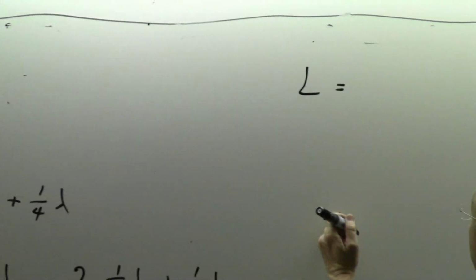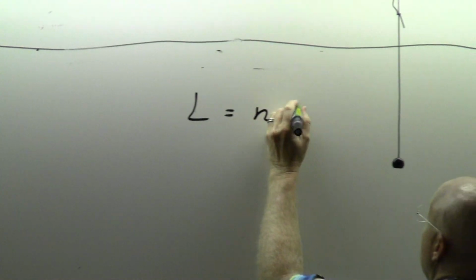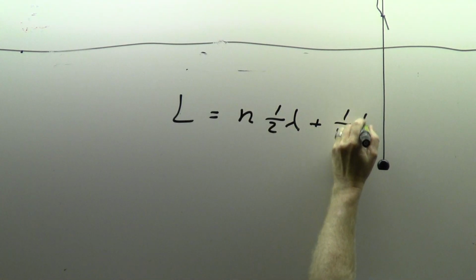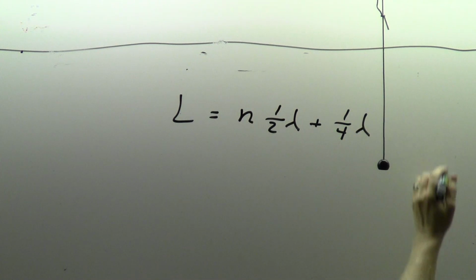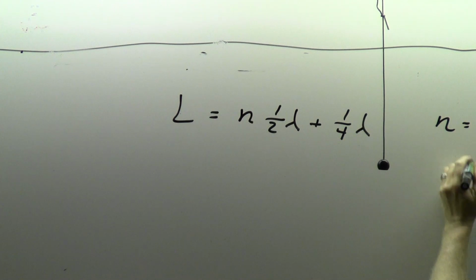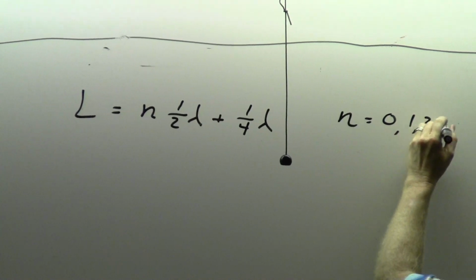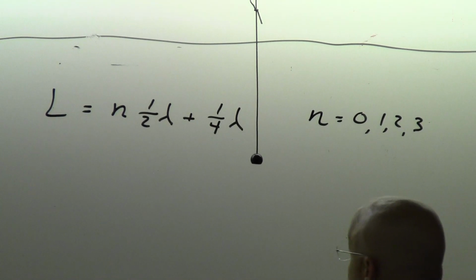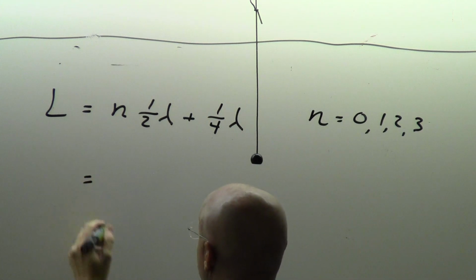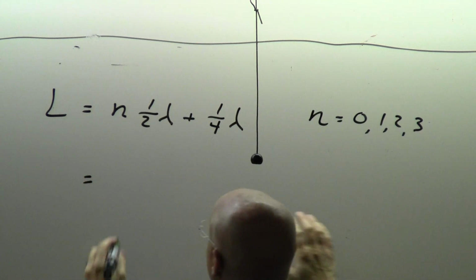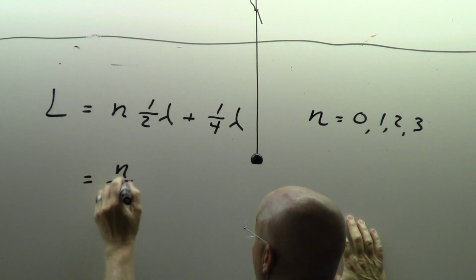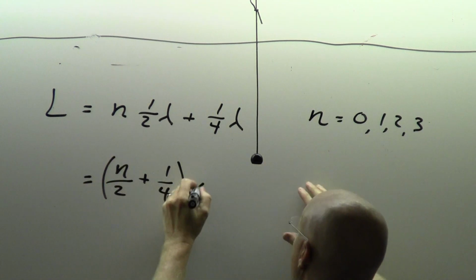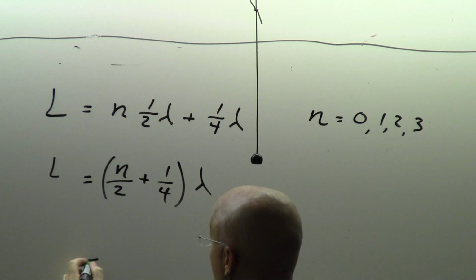So if I wrote it as n half wavelengths plus a quarter of a wavelength, where n then is 0, 1, 2, 3, I would have the pattern. Now if I wanted to solve this for the wavelength, I would probably do n over 2 here, plus a quarter here, and then factor out the wavelength.